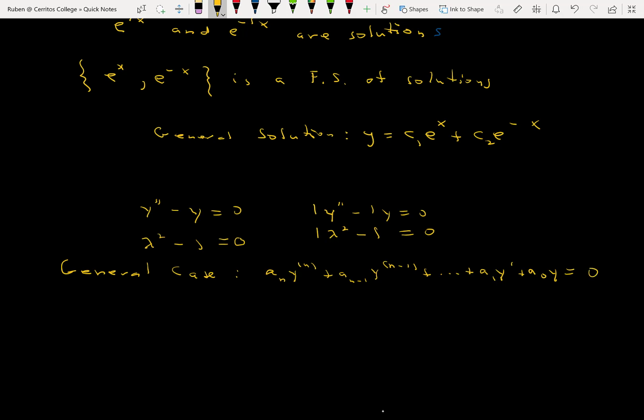Then the auxiliary polynomial p of lambda is nothing more than a sub n lambda to the nth power.